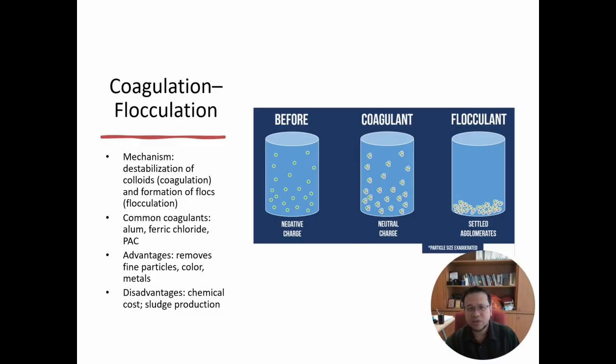Flocculation then uses gentle mixing to bring particles together to form larger, heavier flocs that settle easily. This method is excellent for removing color, turbidity, fine solids, and even metals. Its major limitation is the cost of chemicals and the large volume of sludge that needs to be handled and disposed of.